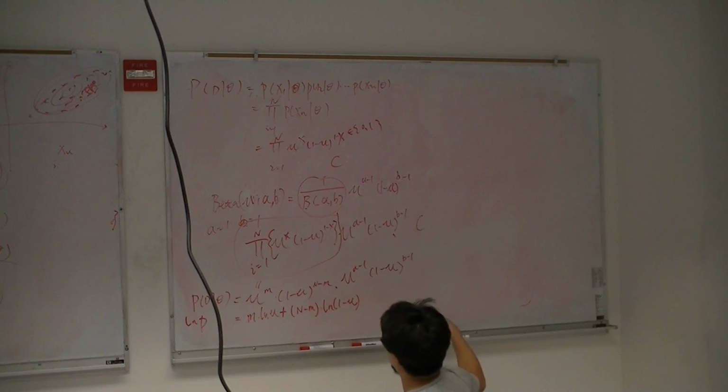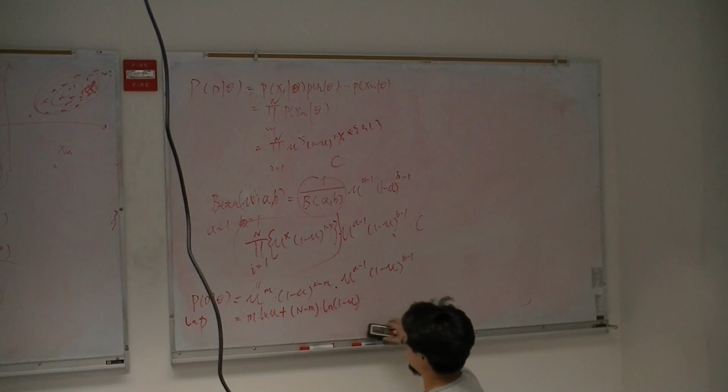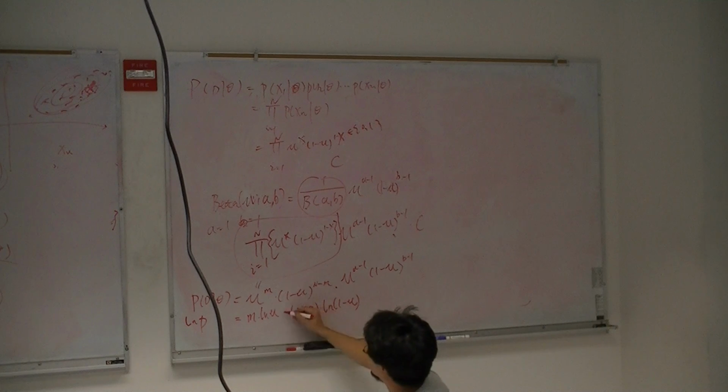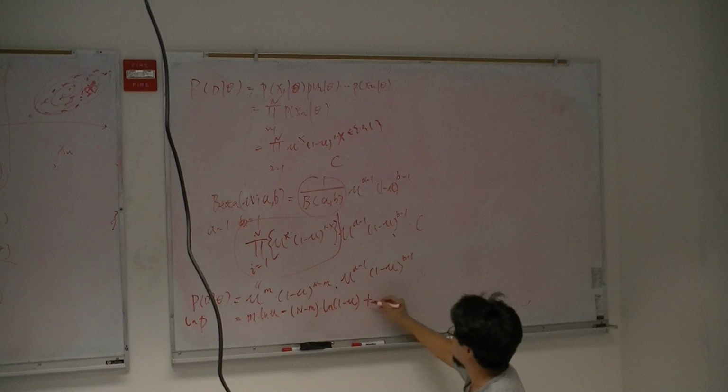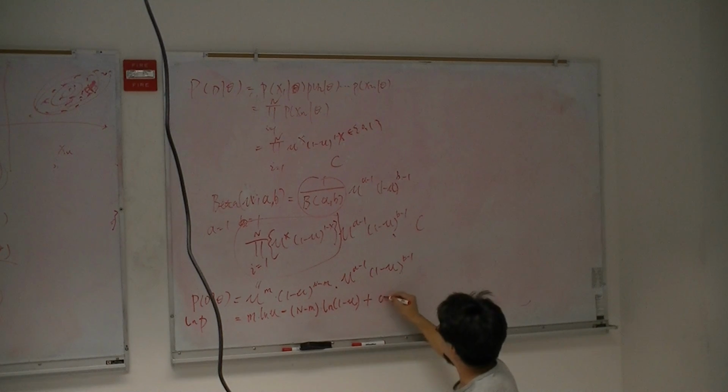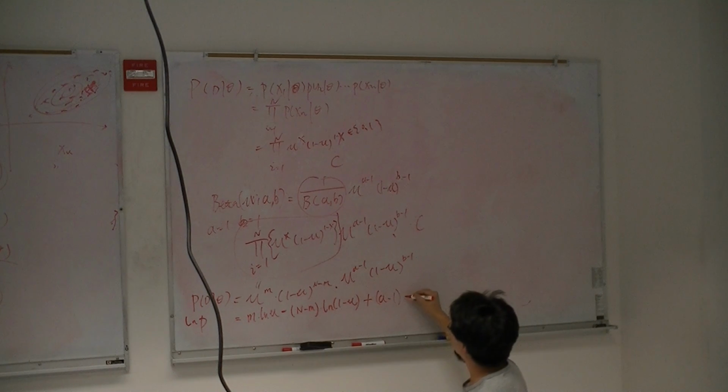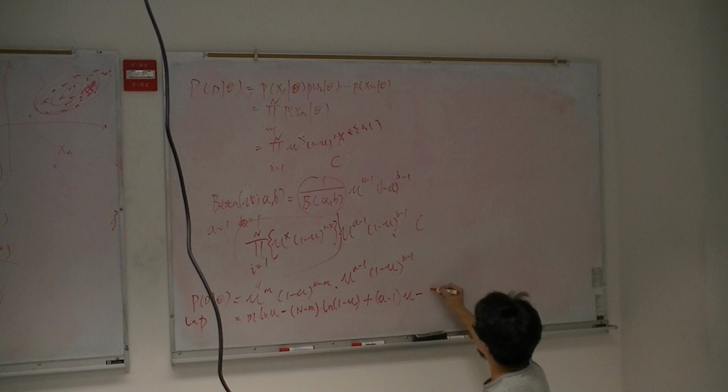Take the derivative, it is going to be a minus 1, so this becomes minus some. And here we still have plus a minus 1 times mu, and it's still going to be minus b minus 1.